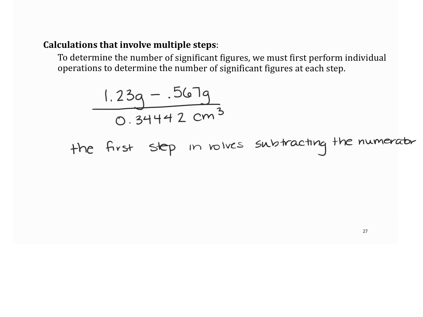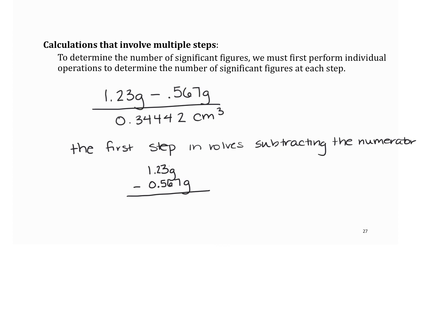All right, so I'm going to come up here, right, and we're going to say, okay, let's look at that subtraction. And when we look at that subtraction, that's 1.23 grams minus 0.567 grams.